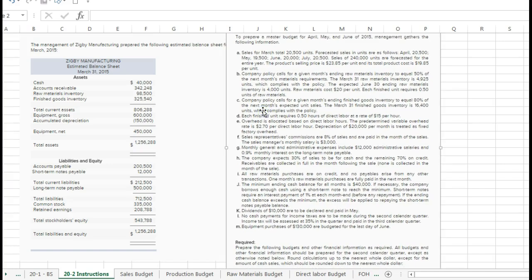Again, this is found, where's the paper at? This is found, sure, it's problem set B, and it is problem 20-4 in your textbook.